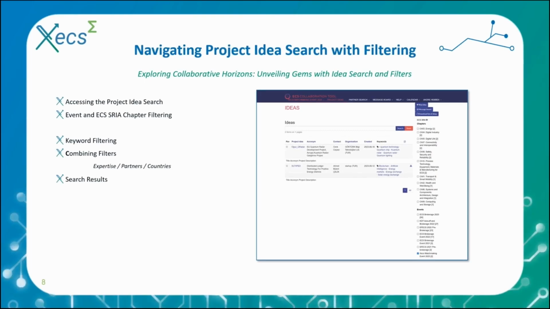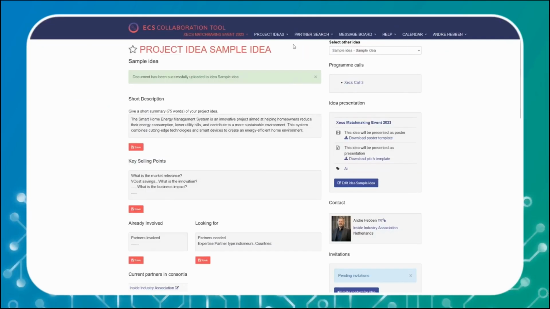You can filter those depending on the event, but also on the ECS RIA chapter. You can filter by using a keyword filtering, and you can combine filters. In the next step, I will show you how to navigate to the project idea search, as well as how to use it. So we'll go back to the demo. Next.